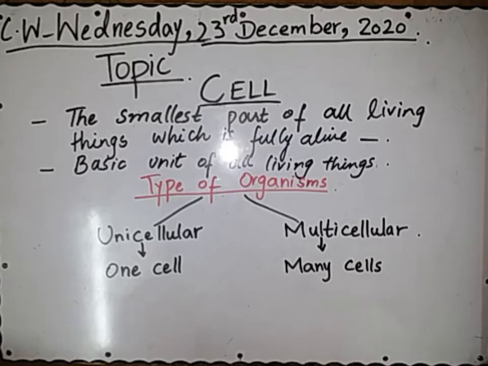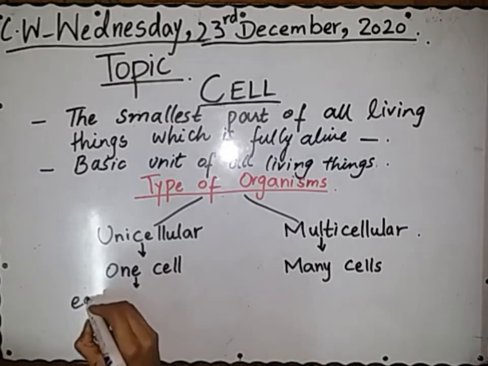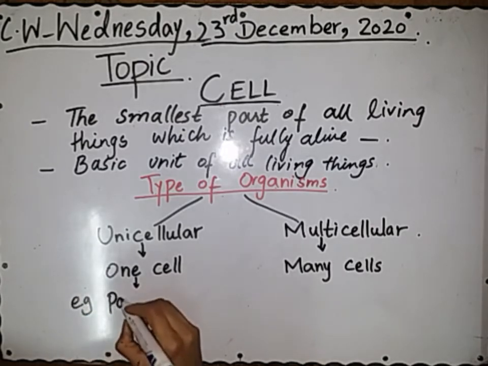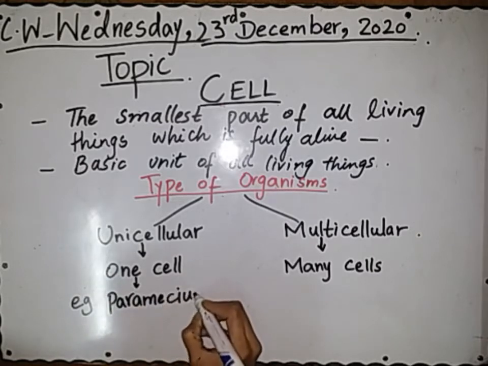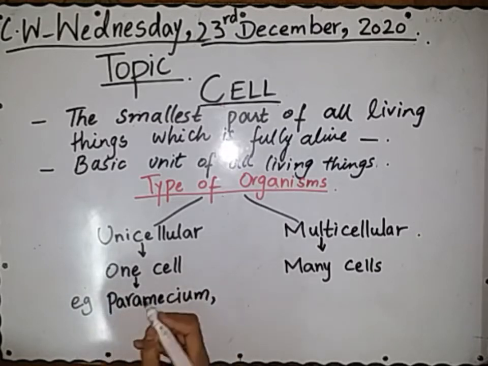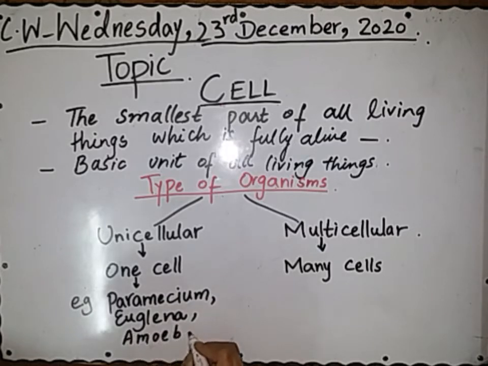Let me explain to you the examples of unicellular organisms. The examples of unicellular organisms include paramecium. The body of paramecium consists of a single cell. Similarly, euglena is also a unicellular organism. Another example is amoeba, and desmid or bacteria.